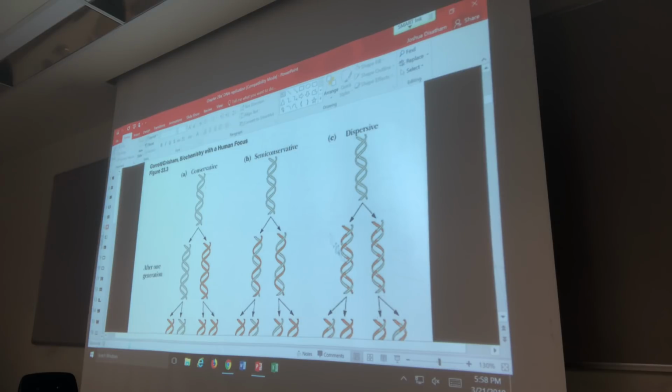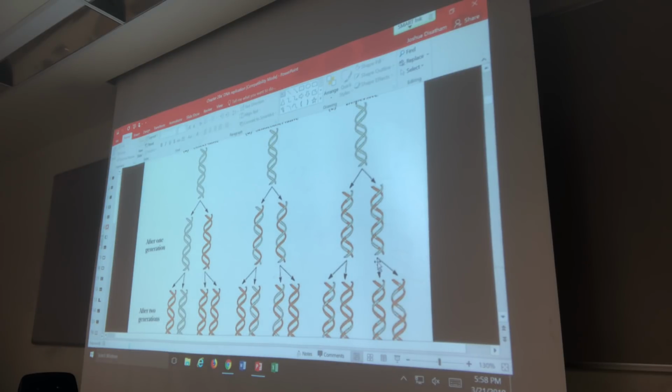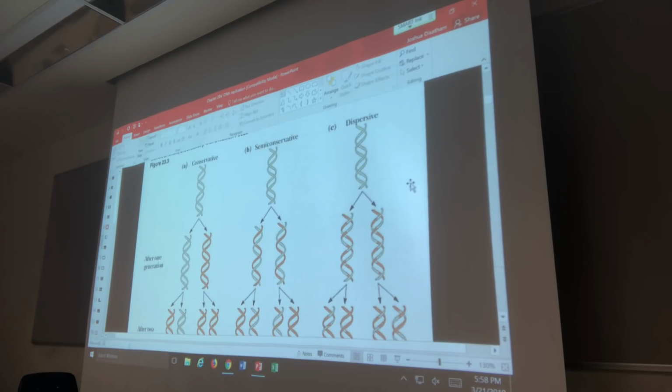That's what they're illustrating here, where the new DNA, represented in orange, is pieced together in these random assortments, and you create your two new versions of DNA and do this over and over again. So dispersive is basically you shatter your template DNA into pieces and mix them back up together with new DNA. That was dispersive DNA replication.